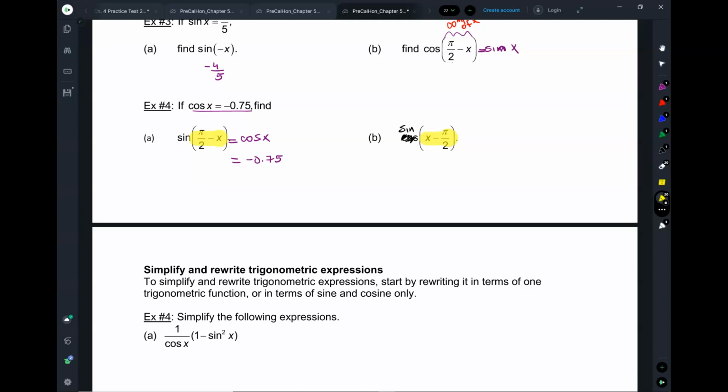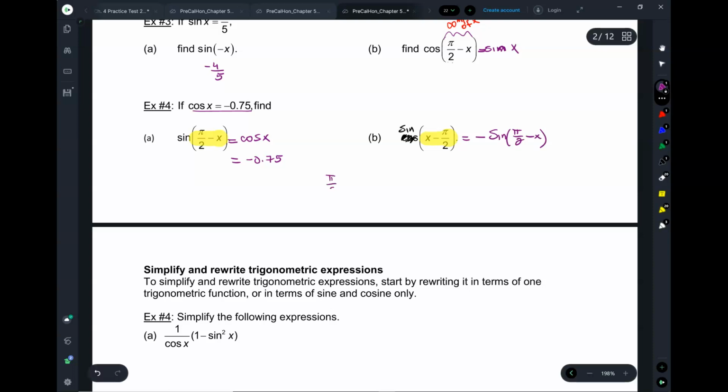Do you see that? It would just be the negative, right? Because negative x plus pi over 2 would give you that. So this is the negative of that. So now, if I want sine of the negative thing, what would happen to that? It would be negative cosine. If you have pi over 2 minus x, this is the negative of x minus pi over 2.